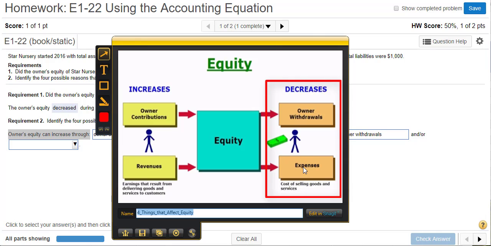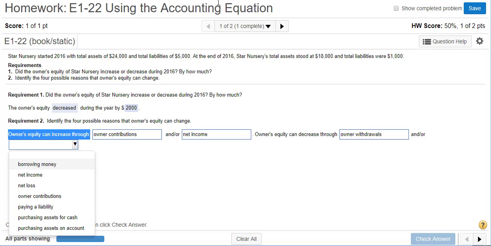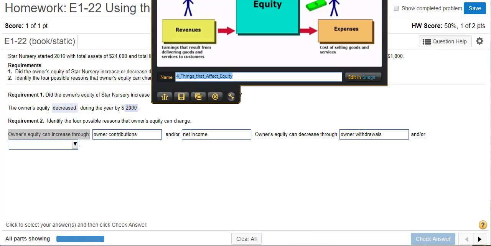But remember, expenses always come with revenues, hopefully. Hopefully the company has revenues. And notice they do not allow us to choose expenses. What lowers equity is if expenses are greater than revenues. So what do we call it when expenses are greater than revenues? That's a net loss or a loss.